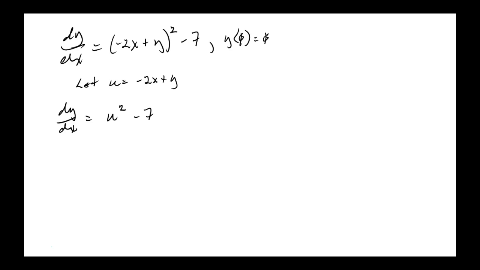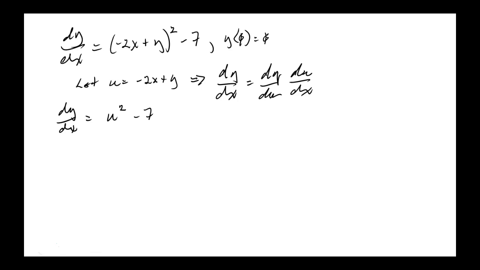Now, here's where we need to do our work like I was just saying before. If u is equal to this, that implies that dy/dx is dy/du times du/dx, just like we did before.